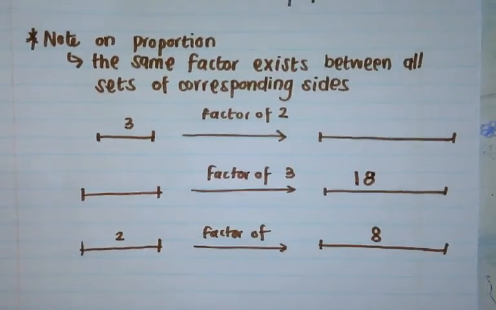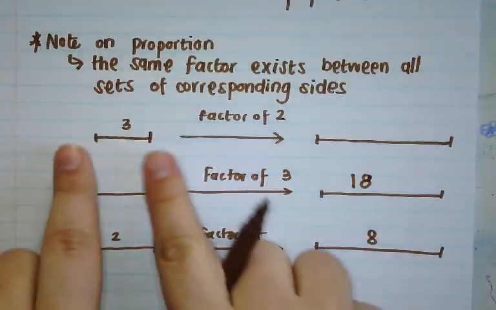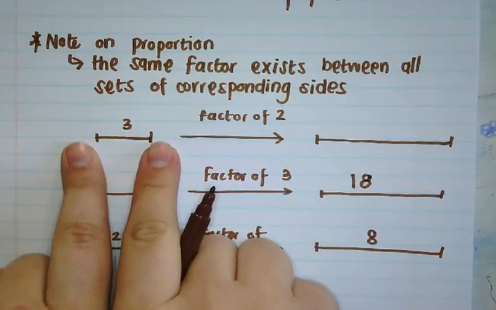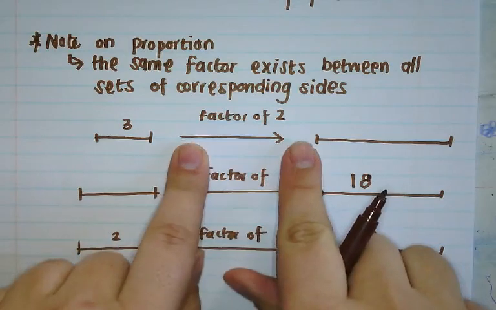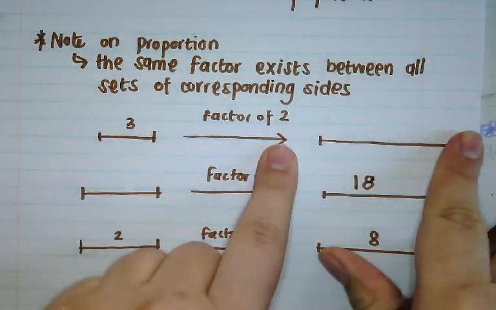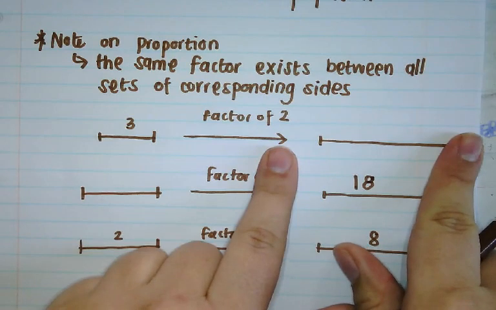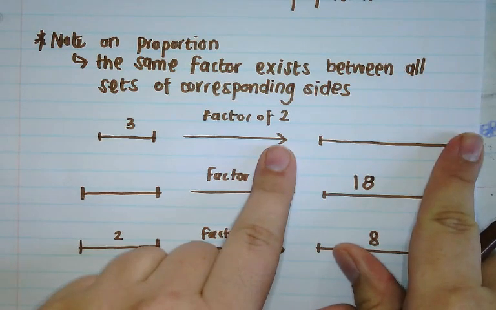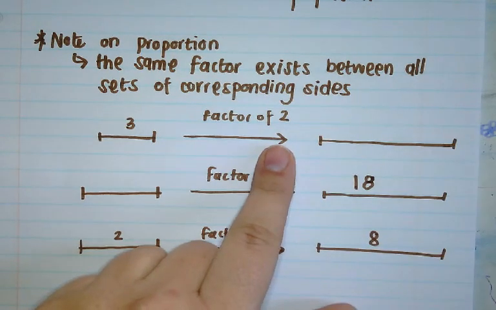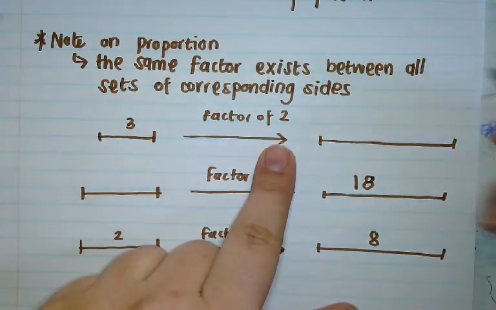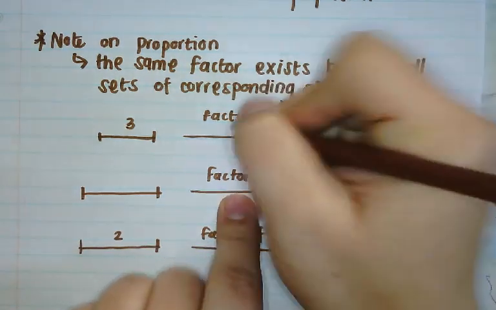Okay, so just to get our heads around proportionality, if I start off with 3 and it is increased by a factor of 2, what would my new length of line be? 6. A factor means we are multiplying by. So it would be 6.